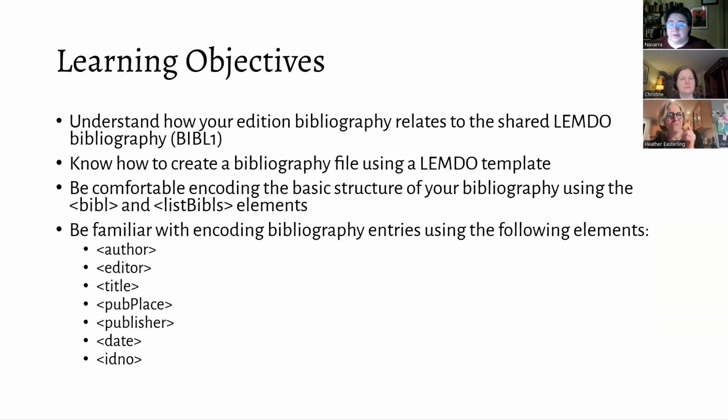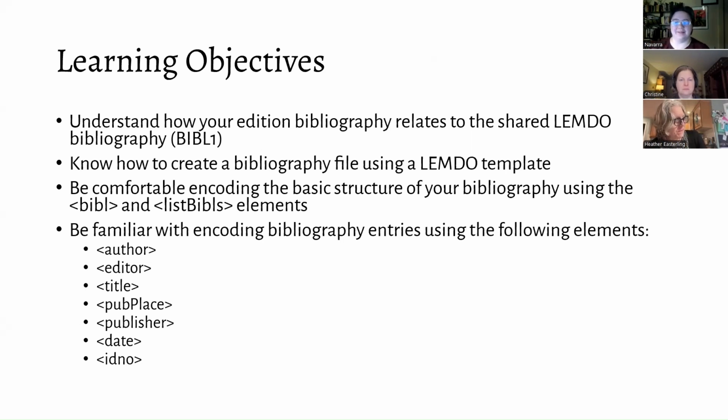Today we've got a few things that we're going to go over. We're going to begin off with the broader topic. We're going to talk about how your edition bibliography relates to the shared LEMDO bibliography, which I will usually just call bibl1, which is much faster to say. You're then going to talk about how to create a file, a bibliography file, using a LEMDO template.